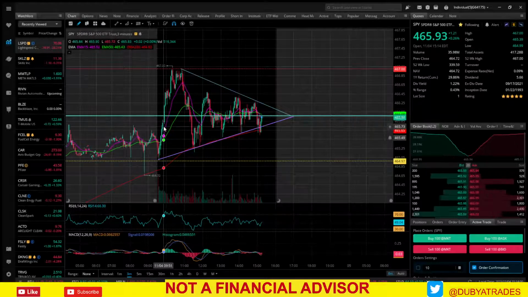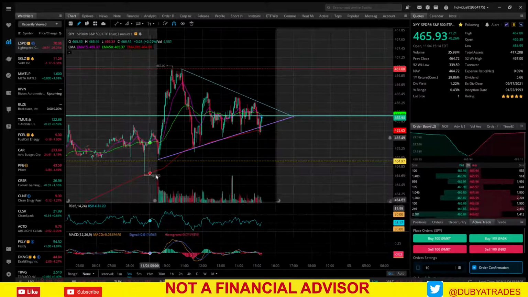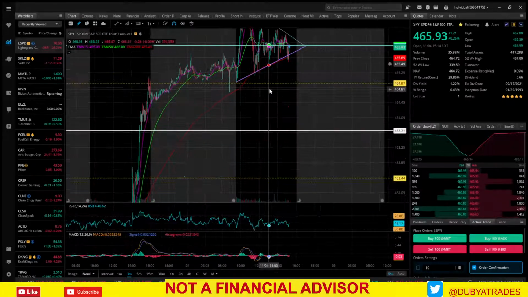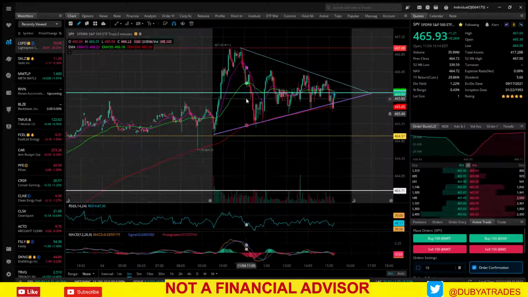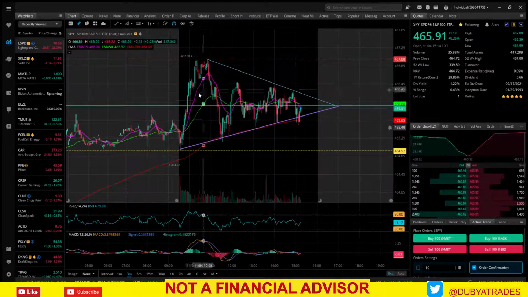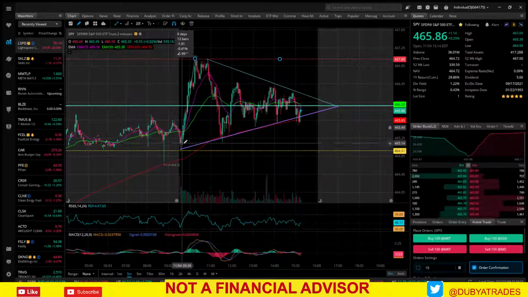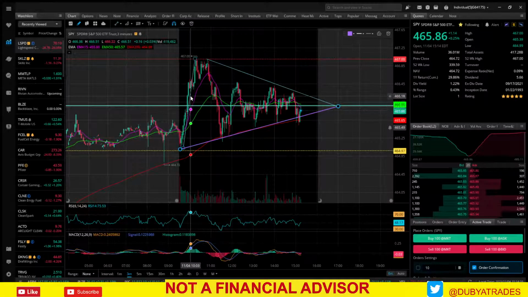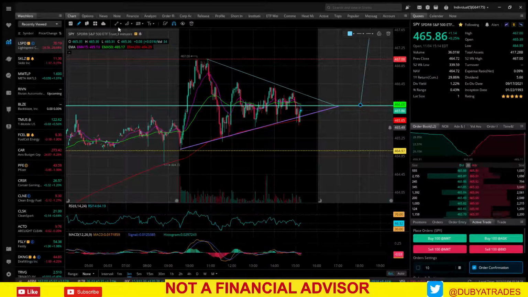So if you have a bull flag like this, the first thing you want to go with is usually the flag itself. And on this one, we really don't have a flag. It's more just the triangle here. So we're going to go with the end of the triangle. So you take one from here to here, and we want to put it on the end right here.